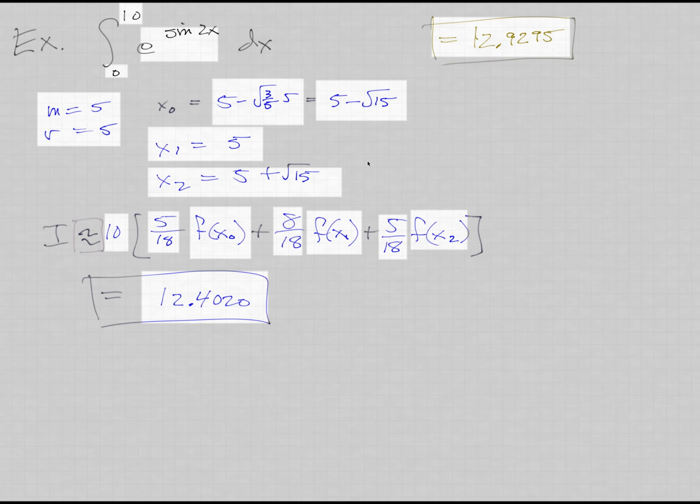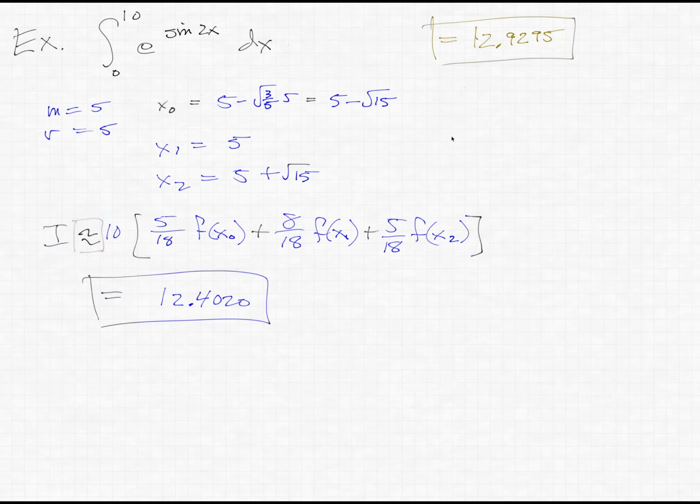And in some cases, as long as the function is not too eccentric, as long as it's pretty well behaved, it can be well approximated by a polynomial of degree that's not too high, then this is actually a good method for evaluating an integral.